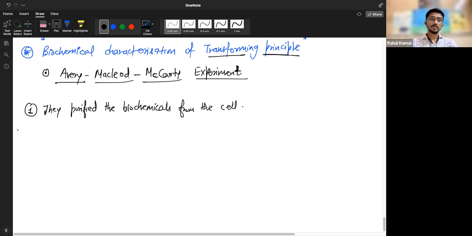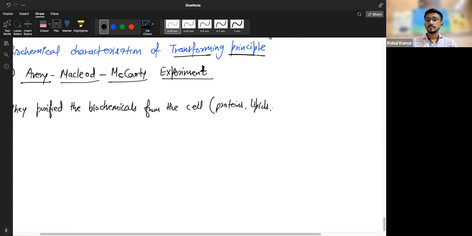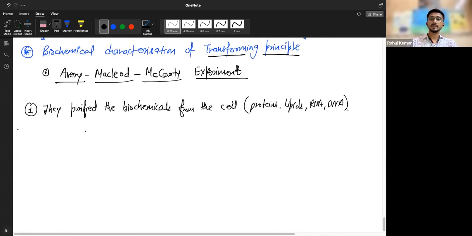And what were these major biochemicals? The targets: proteins, lipids, your RNA, DNA, etc. Okay, they separated all of it.